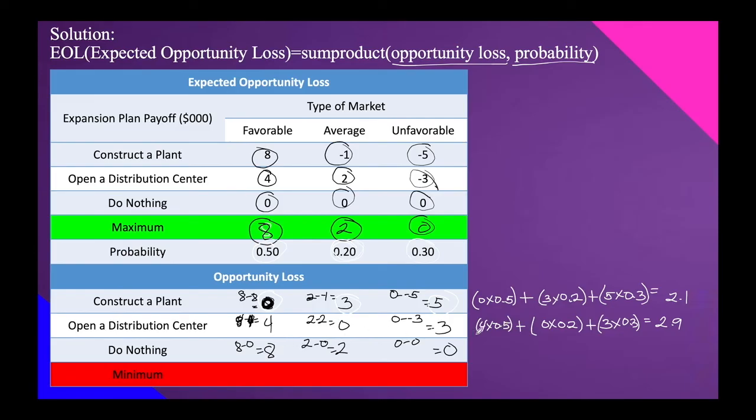We have 8 here times the probability for favorable market, 0.5, plus 2 times 0.2, plus, we have 0 here, times 0.3. So, we have 0 times 0.3. Okay, and let's compute.